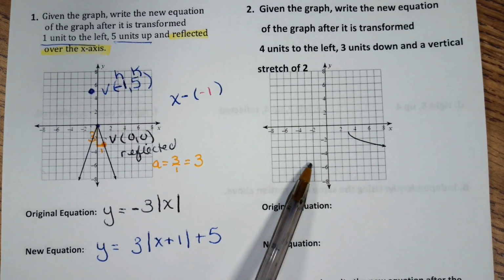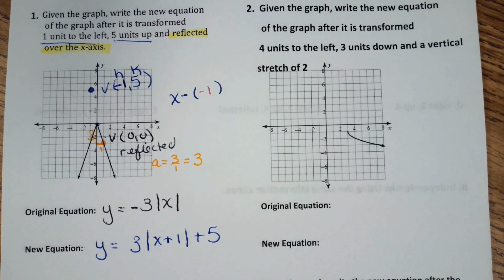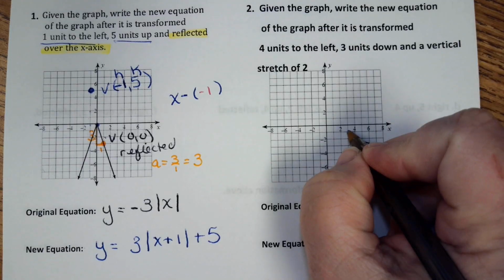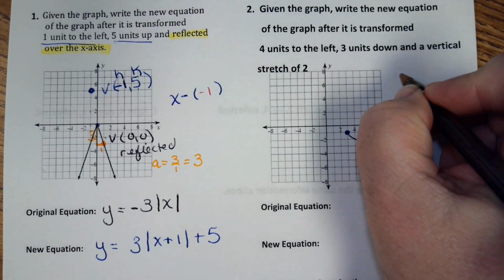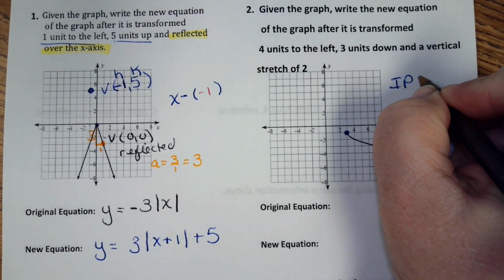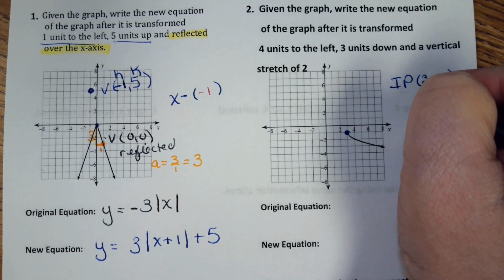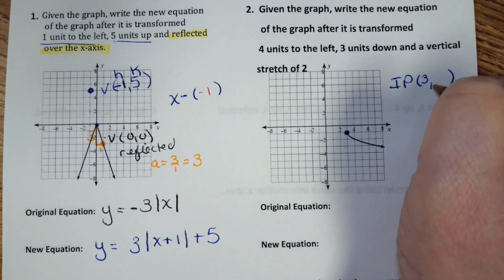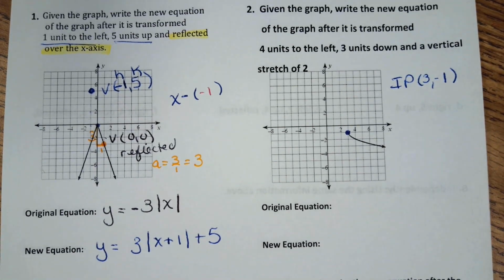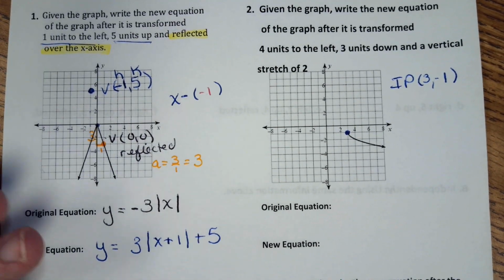All right, and number 2, we have a square root function. So let's go ahead and pick out that initial point. What is our original initial point? 3, -1. Okay, so we could go ahead and write this equation.